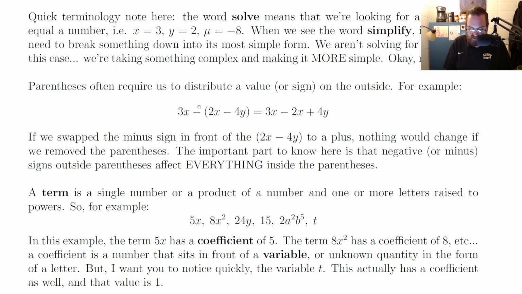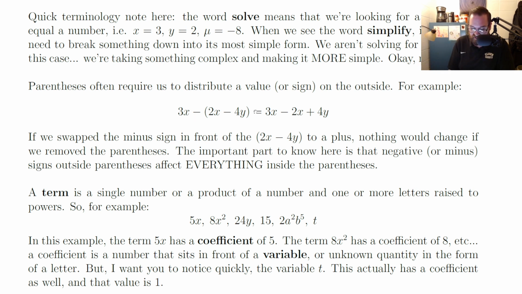So in general, what we're going to be doing in this section is removing or distributing parentheses. In many cases, there's a certain sign that is applying to the parentheses, and it's affecting every single thing inside of that parentheses.